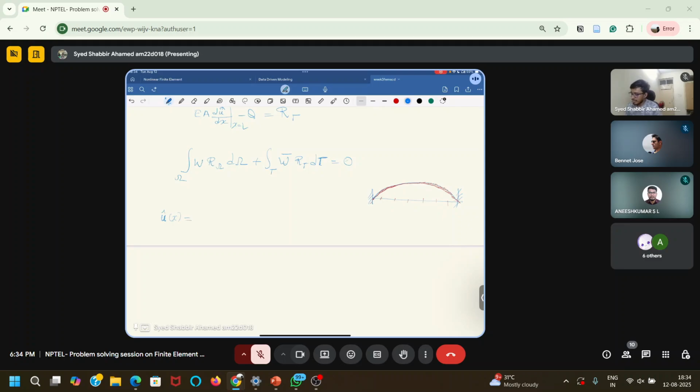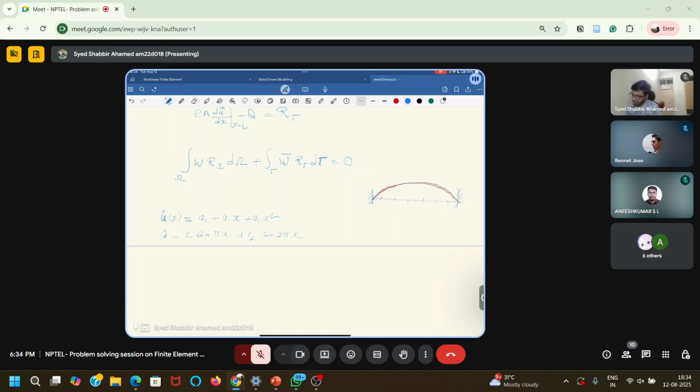You can assume the solution as a polynomial like a naught plus a1 x plus a2 x squared, or you can also assume a trigonometric form like c1 sine pi x plus c2 sine 2 pi x.